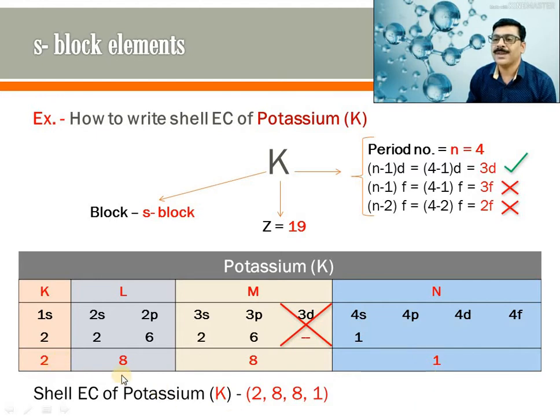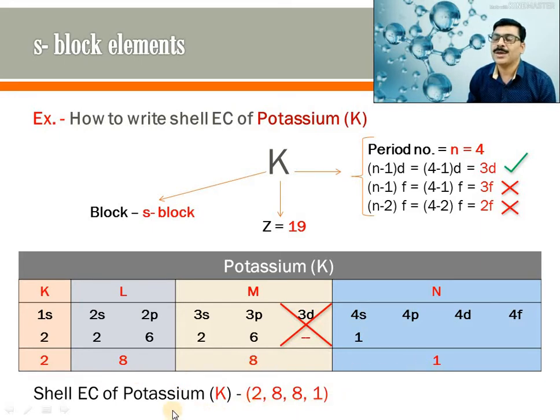And if you mention the capacity of the K cell, L cell, M cell and N cell, then the cell electronic configuration of potassium is obtained, and it is 2, 8, 8, 1.